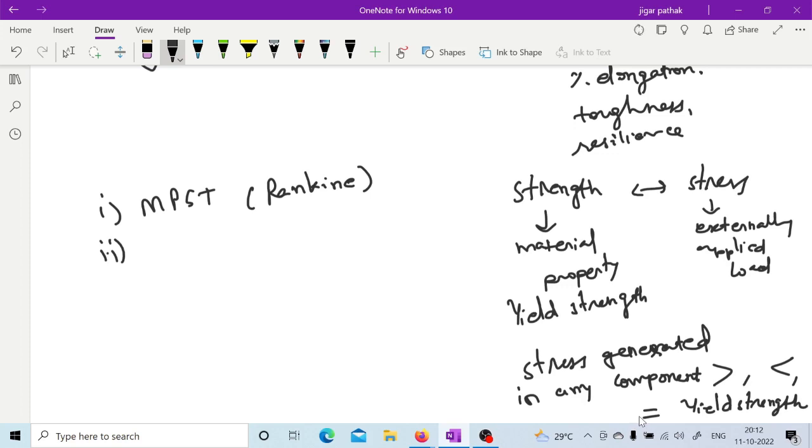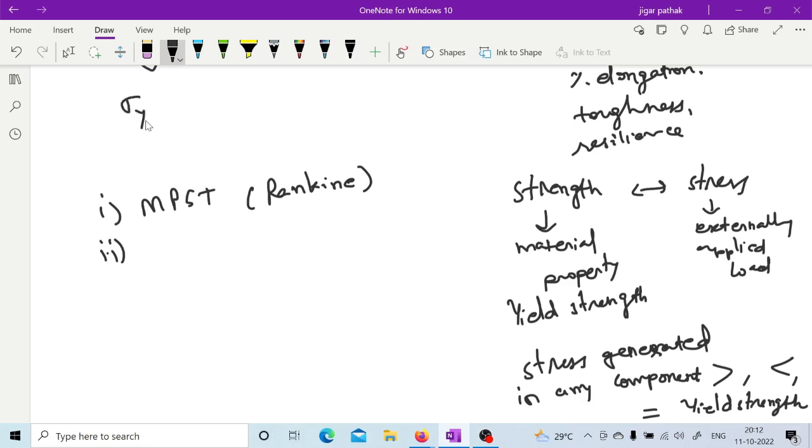Sir, when we say strength, we generally mean yield strength. No, it cannot be generalized, because in the case of brittle material, you consider ultimate strength.